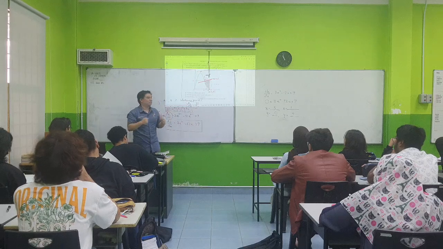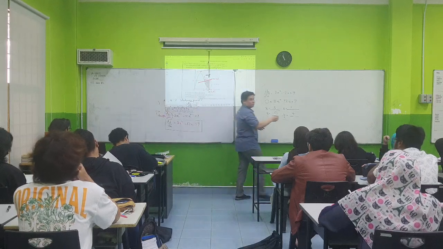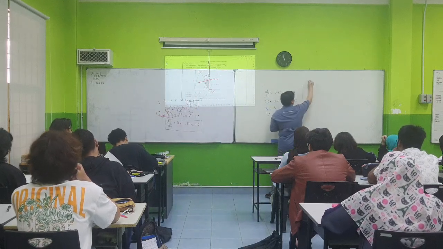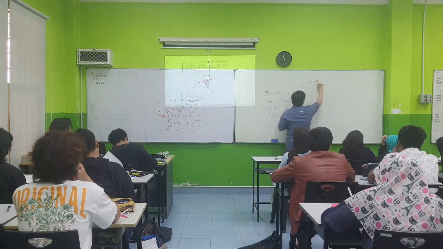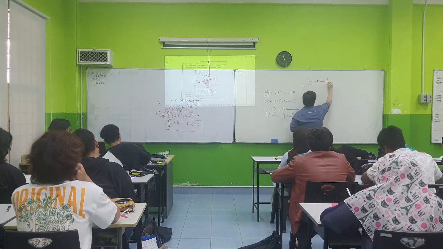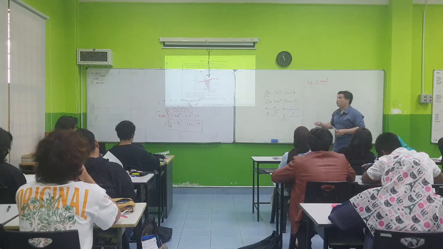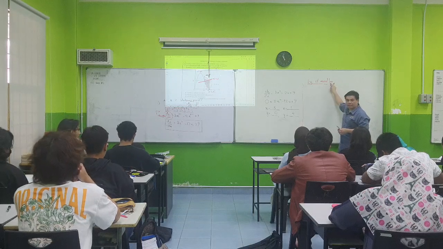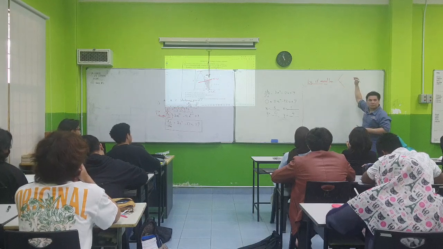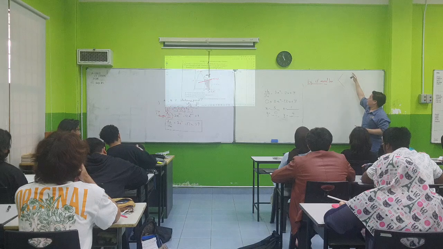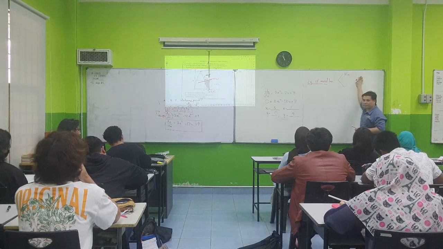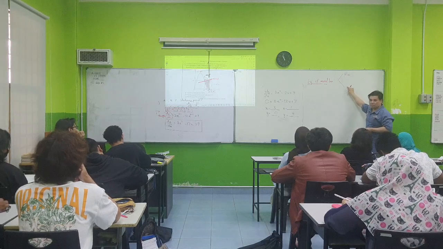So to find the equation of a normal, which is a straight line, I need to think about the gradient of the normal, am I right?